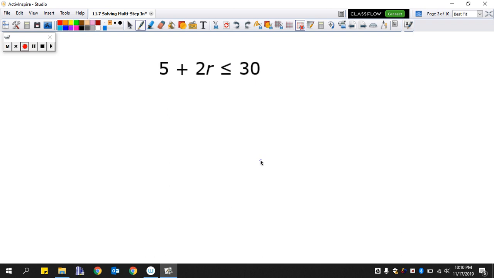The next example that we're going to do, draw our line down through here. Once again, we have addition and multiplication here. So we're going to subtract the 5 from both sides. Minus 5, minus 5. Okay. We end up with 2r is less than or equal to 30 minus 5, which is 25.